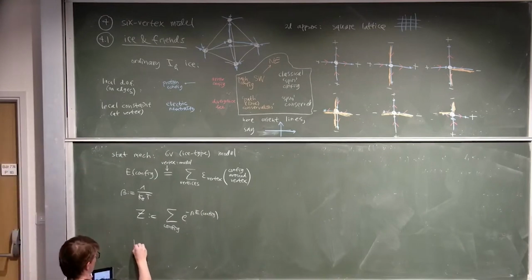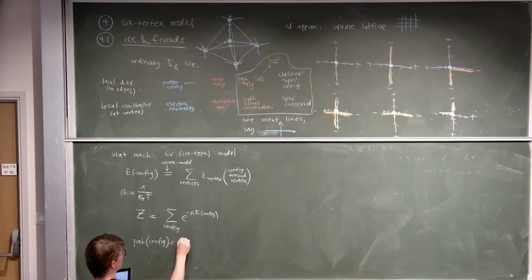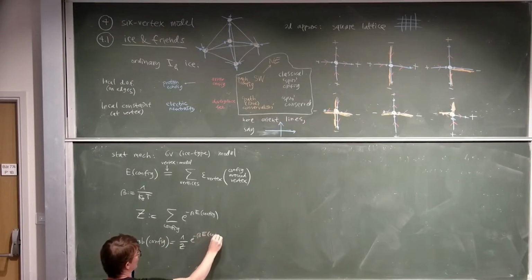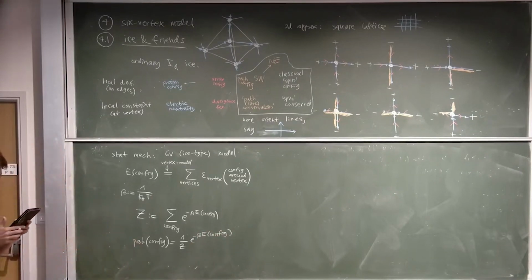One of its uses is that you can now define a probabilistic model. So you can give the probability of finding a given configuration as 1 over the partition function times this Boltzmann or Gibbs measure. This is basic statistical mechanics. We have the canonical partition function here.